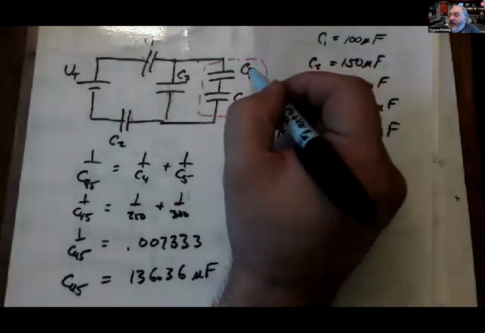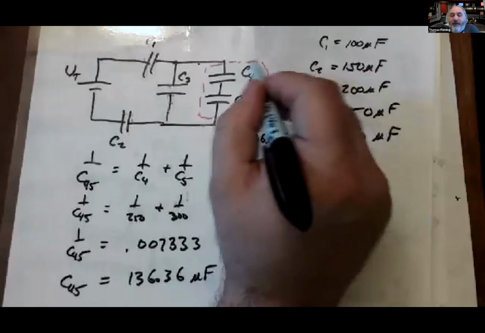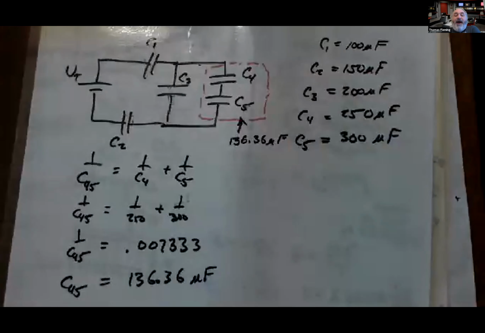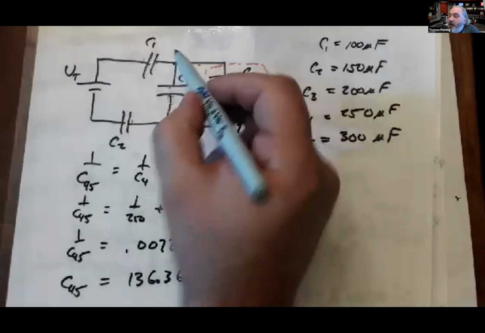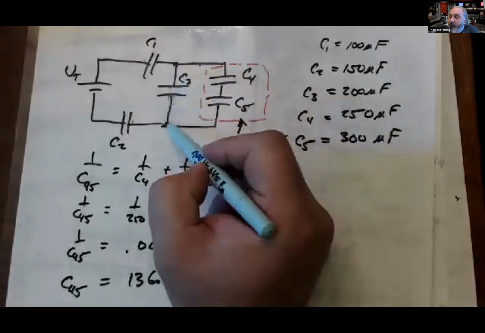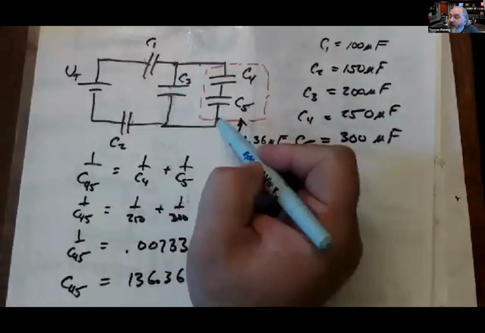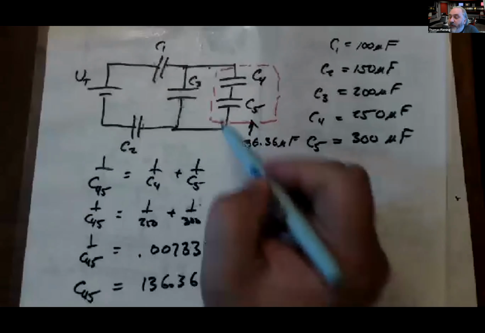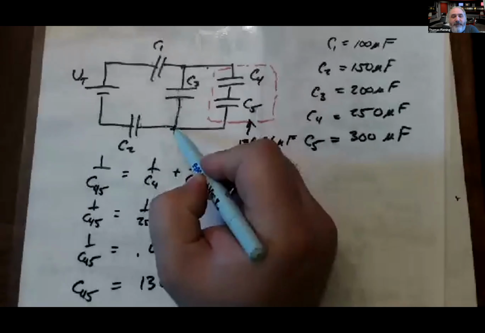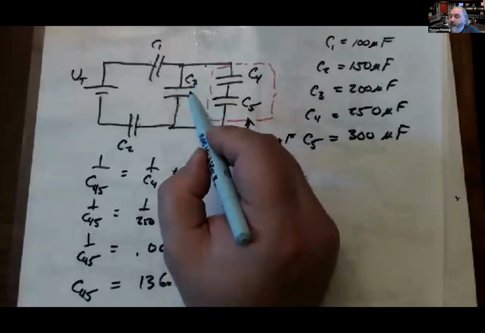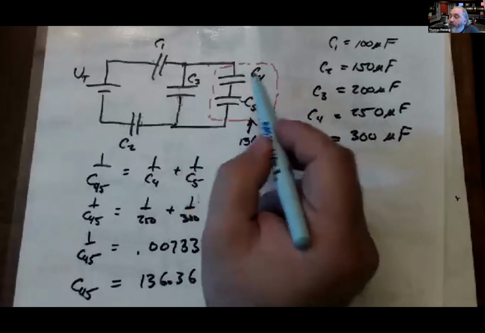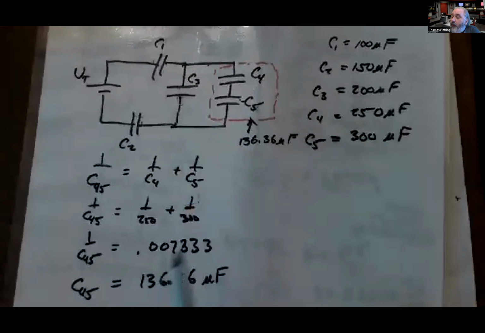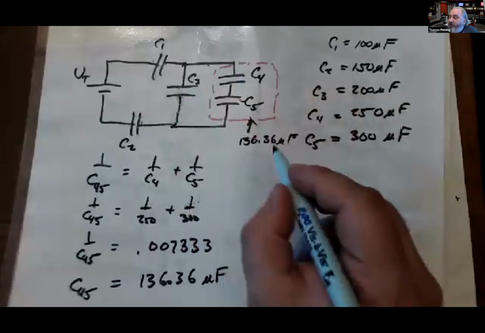But now if I treat this as one big 136 microfarad capacitor, I have to combine stuff down even further. The thing I notice is that if I get to be right here, I have a choice. I can either go this way, or I could go through this big 136 capacitor, but either way, I end up in the same spot. So this is in parallel with both of these.